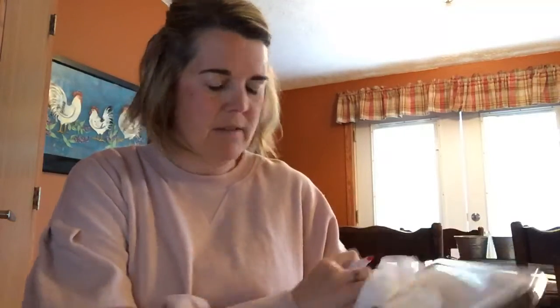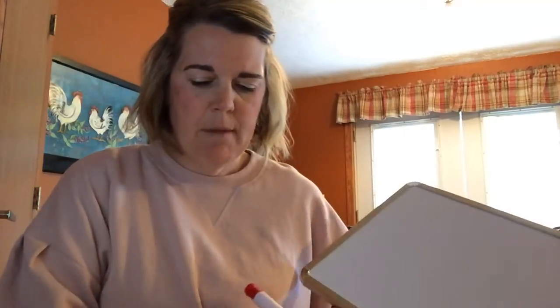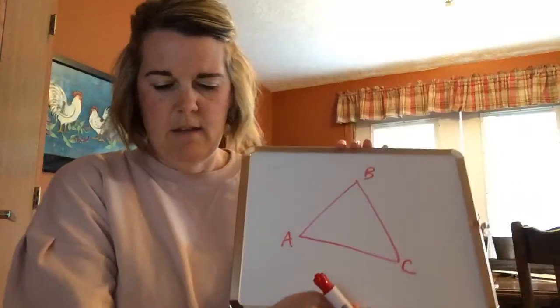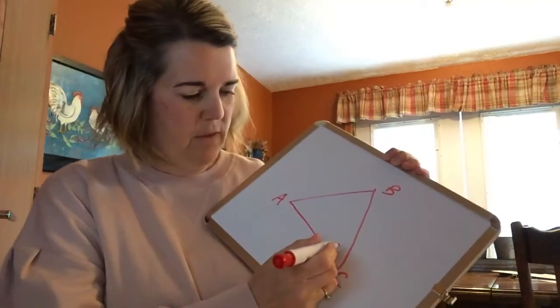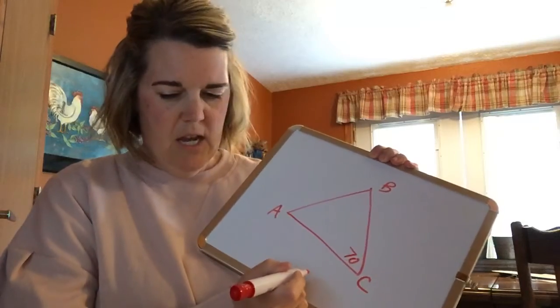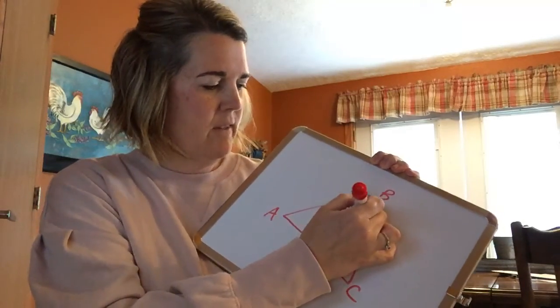So let's look at example 1. It says, what is the measure of angle A? And you know how bad I am at drawing, so just ignore it. They gave you C, they said it was 70, and they gave you B, and they said it was 60.